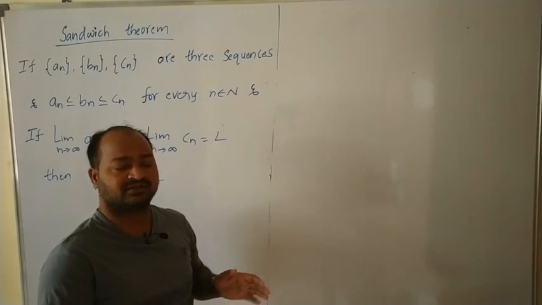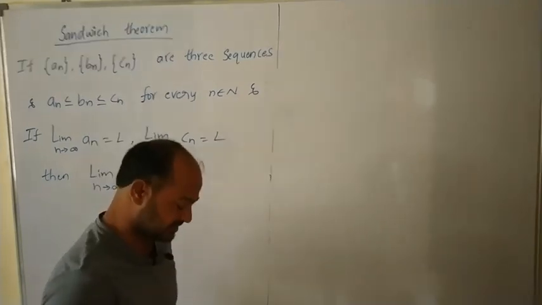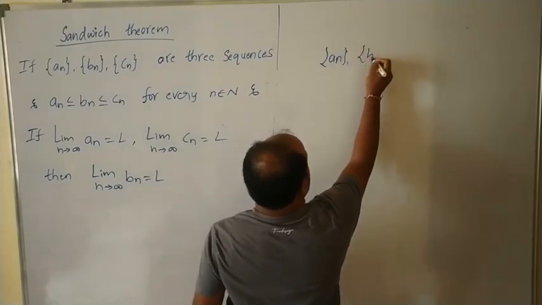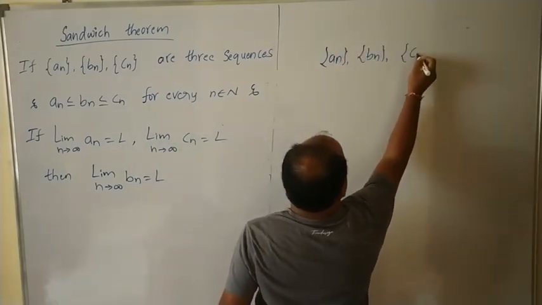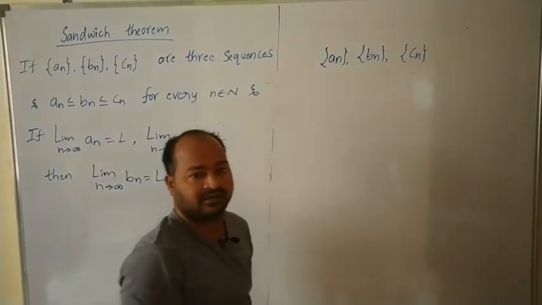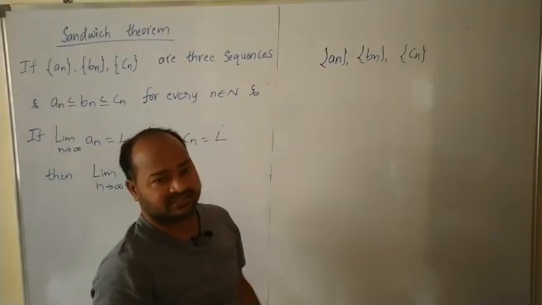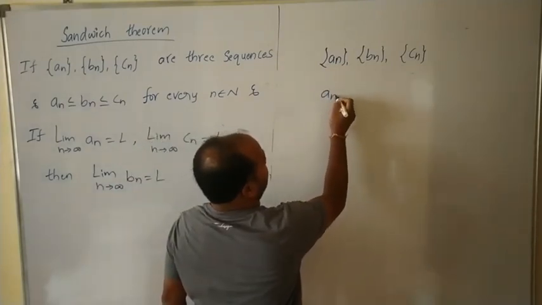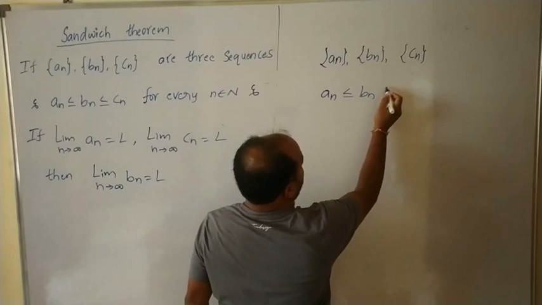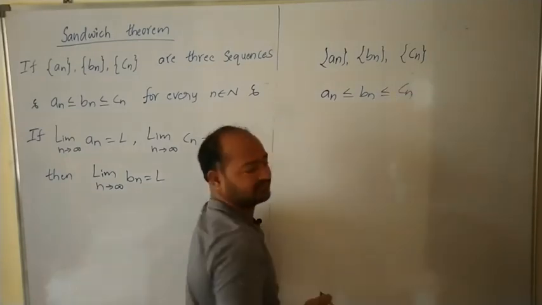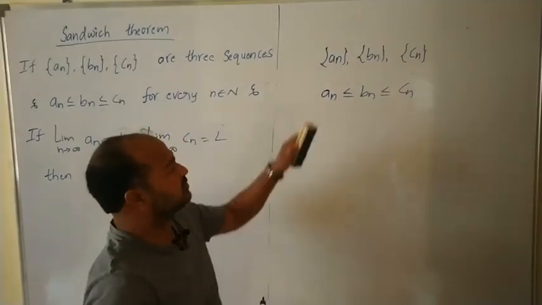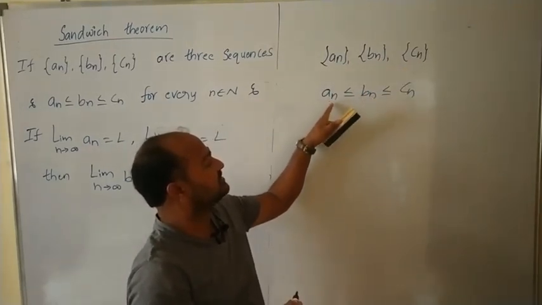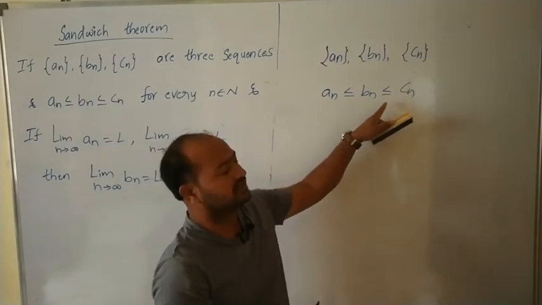For this we need to consider three sequences which are an, bn, cn, and these sequences satisfy the condition, that is an less than or equal to bn less than or equal to cn.